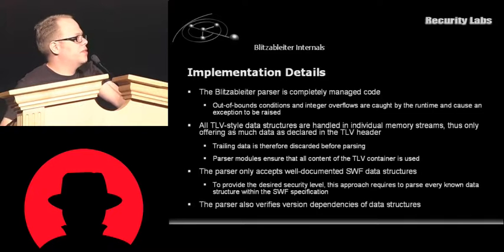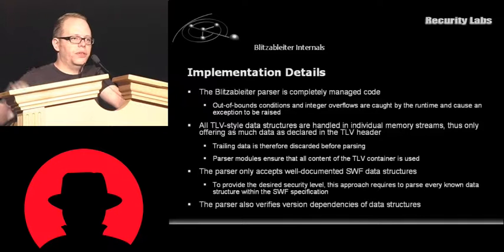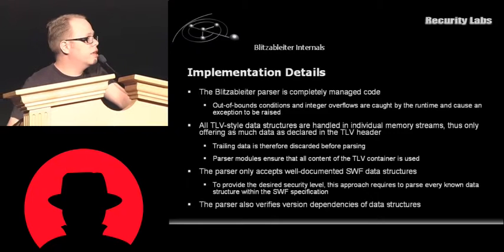So we leave that to the CLR. We can actually load the individual TLV data blocks into individual memory streams, so every time we have an outside reference, we will catch that.